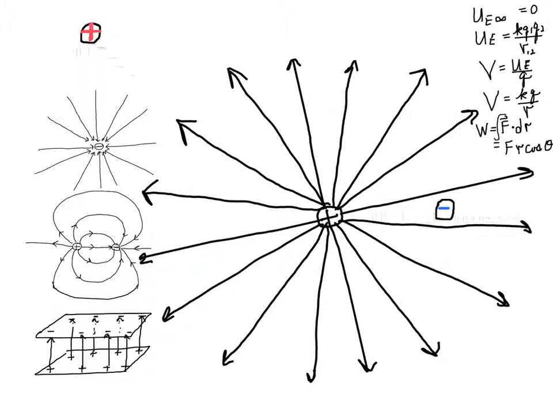So that leads to the fact, since the energy far away is 0, the energy of the positive charge in this field will be positive, and the energy of the negative charge in this field will be negative. And so when I calculate it, I'm going to have a positive and negative charge, and I'm going to get a negative energy. And the way you should think about that negative energy is it's the amount of energy it would take for me to move this charge from this position all the way to infinity, where it has 0 energy.